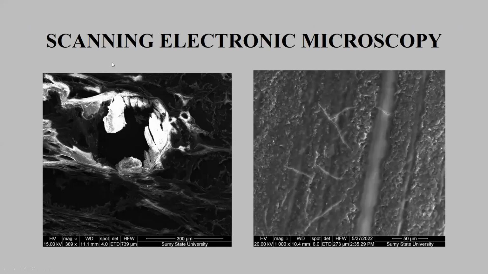Also, we talk about scanning electron microscopy. In this case, we can see calcification in a heart valve and some surface with fibrils in bone tissue.